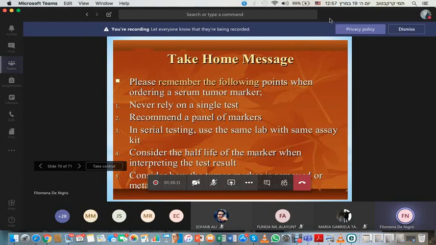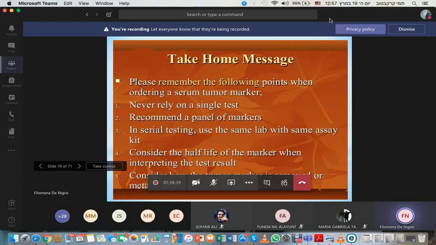It's very important to always use the same lab with the same assay. Verify the kind of assay, whether they look for direct proteins or for antibodies against the proteins, because looking for antibodies against the proteins is less sensitive.